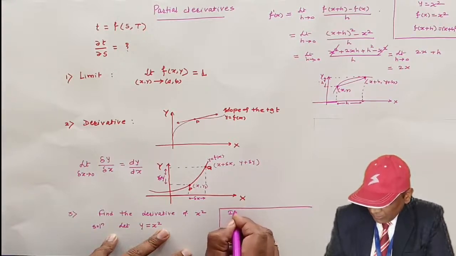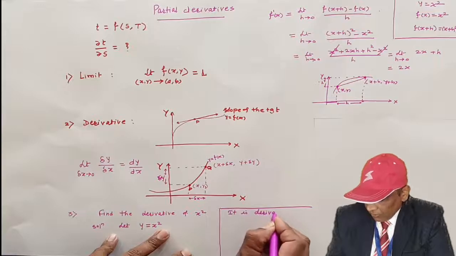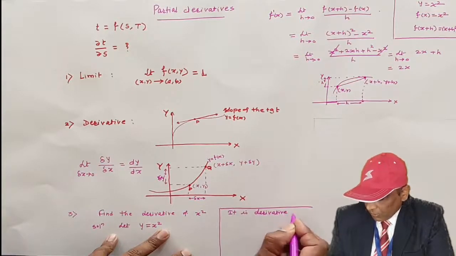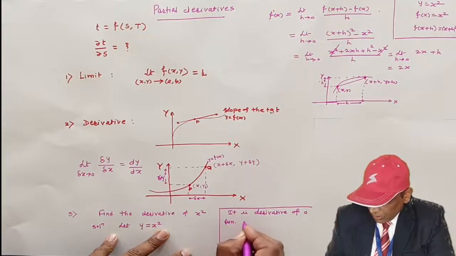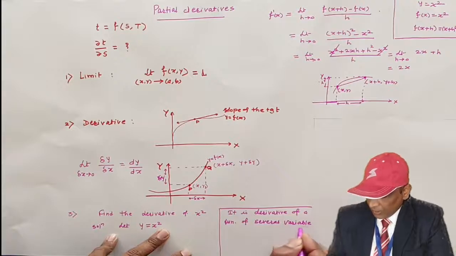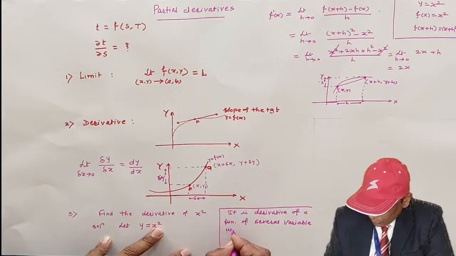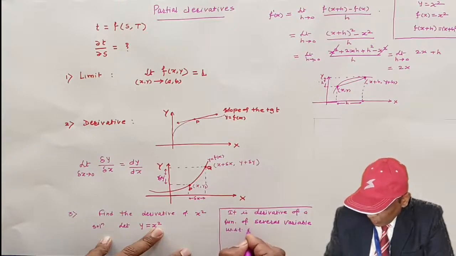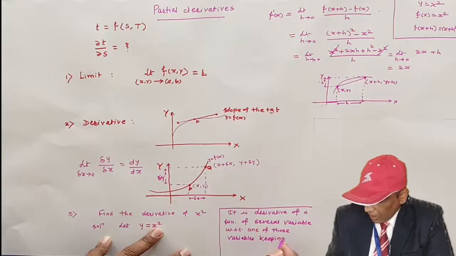It is the derivative of a function of several variables with respect to one of those variables, keeping other variables constant.